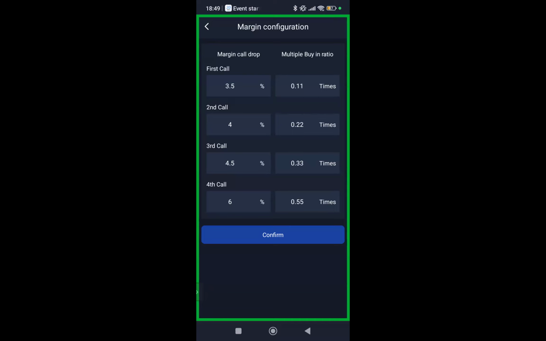If you have more than $300, what we tell people to do is to make their FBA 40% of $300. Then the remaining 55% will be activated through margin calls. So this setting is only for $300 and above.